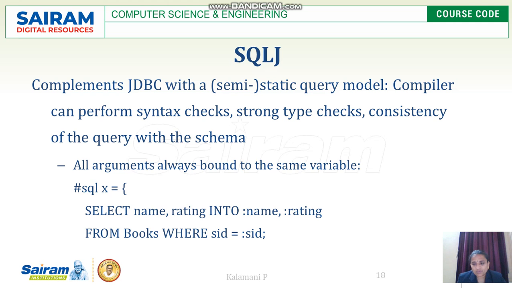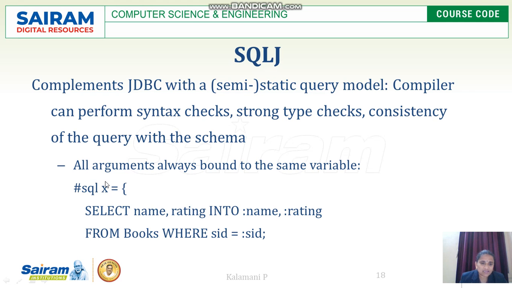We are going to study the different types of errors: type checking, syntax errors, semantic errors and so on. Type checks come under semantic errors. Syntax checks, as you know, catch things like a missing semicolon. This should be taken care of. All arguments are always bound to the same variable.